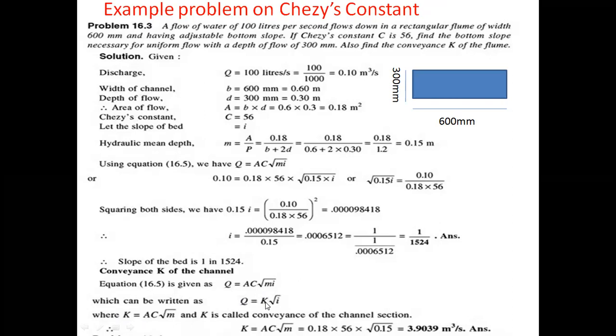Finally, K equals A C root m. It is called the conveyance of the channel section.